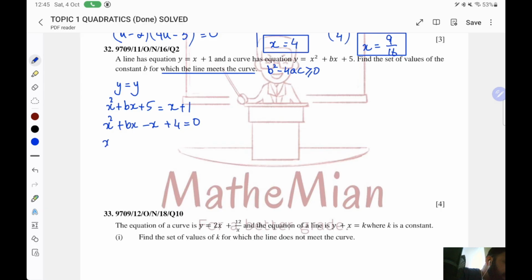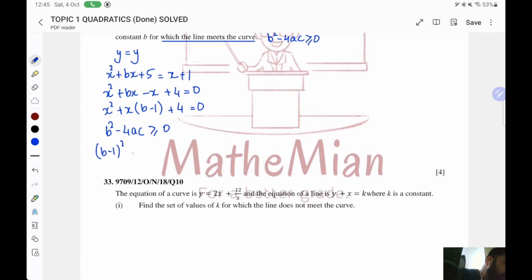Now you can take x as common and b minus 1 inside. Now we know that b square minus 4ac has to be greater than or equal to 0. Let's substitute the values in here: b minus 1 whole square minus 4 times 1 times 4 greater than or equal to 0.